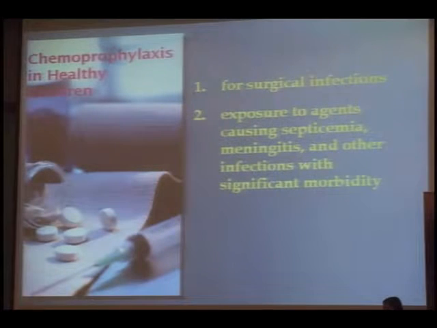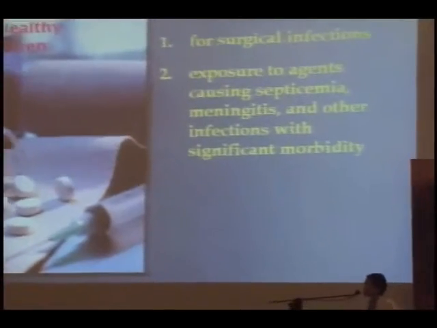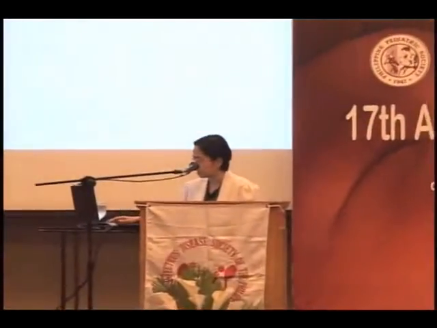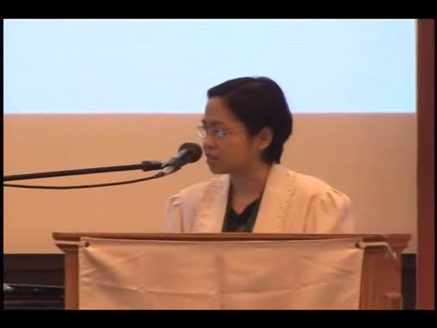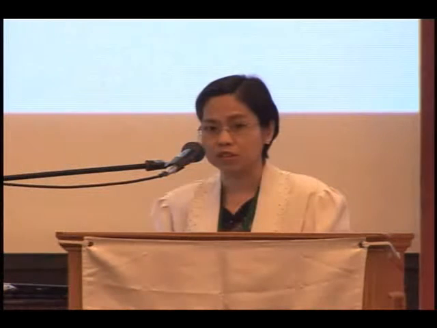Chemoprophylaxis in healthy children is for surgical infections, and to be given to children with exposure to agents causing septicemia, meningitis, and other infections with significant morbidity. I cannot mention all the disease conditions where chemoprophylaxis can be given, but I just chose the most common conditions.